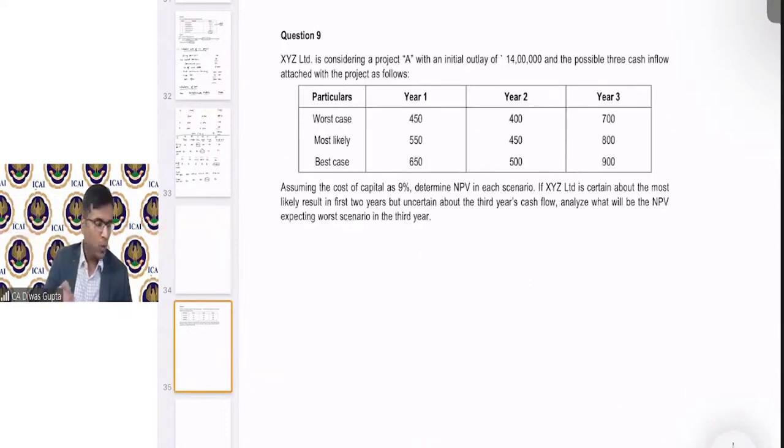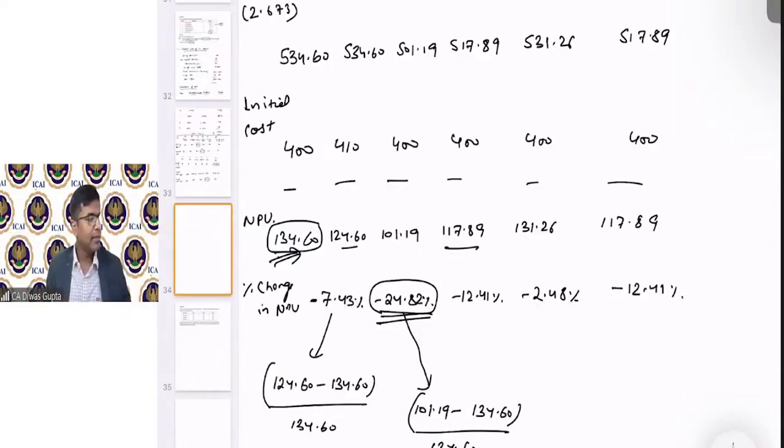Yes. Now let's come to the scenario analysis. Sensitivity is, I think, covered. Now let's come to the scenario analysis.